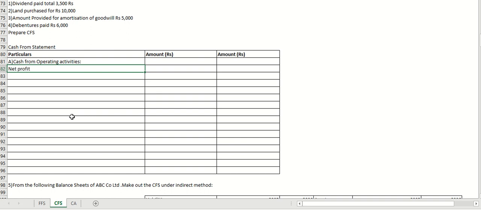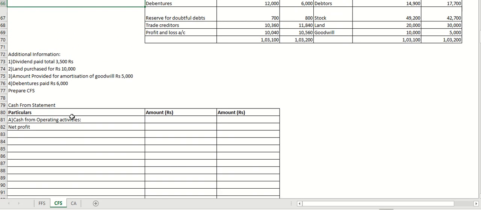So what is your net profit being given? It is 10,040 minus 10,560. So you get your profit before tax to be 520.